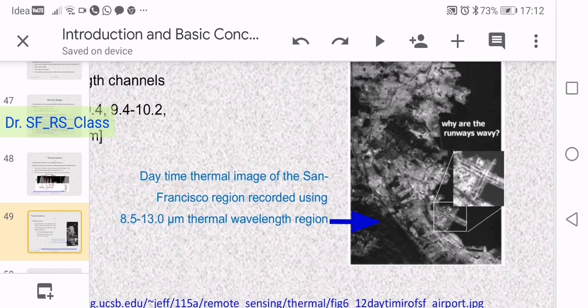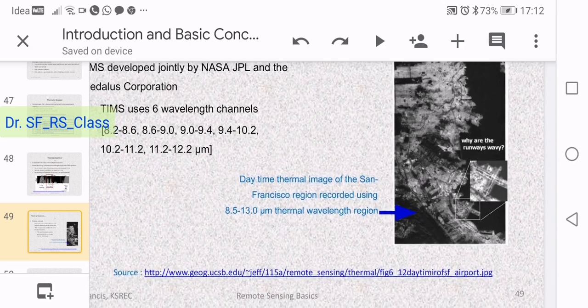And it's a daytime image of the San Francisco region, recorded in 8.5 to 13 micrometer thermal wavelength region.